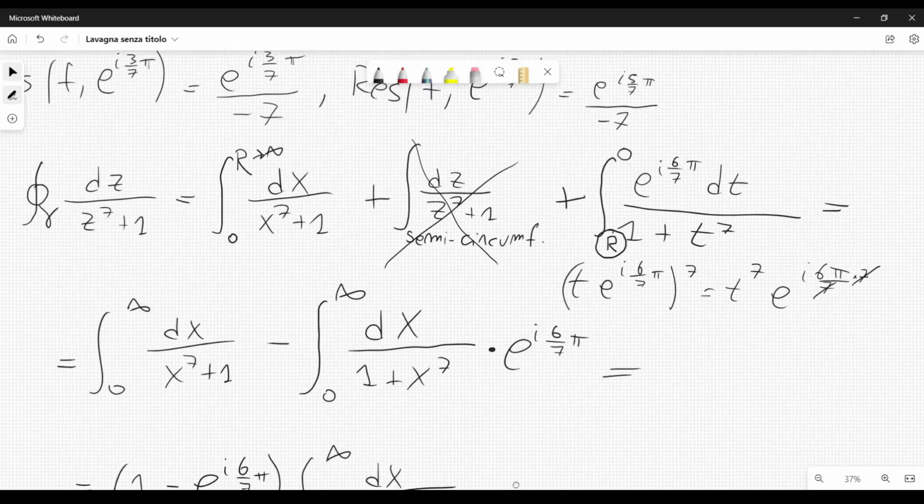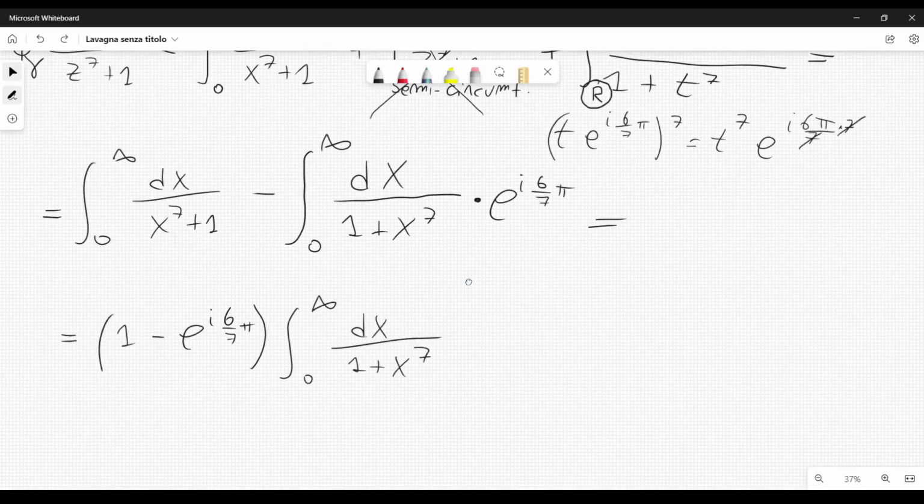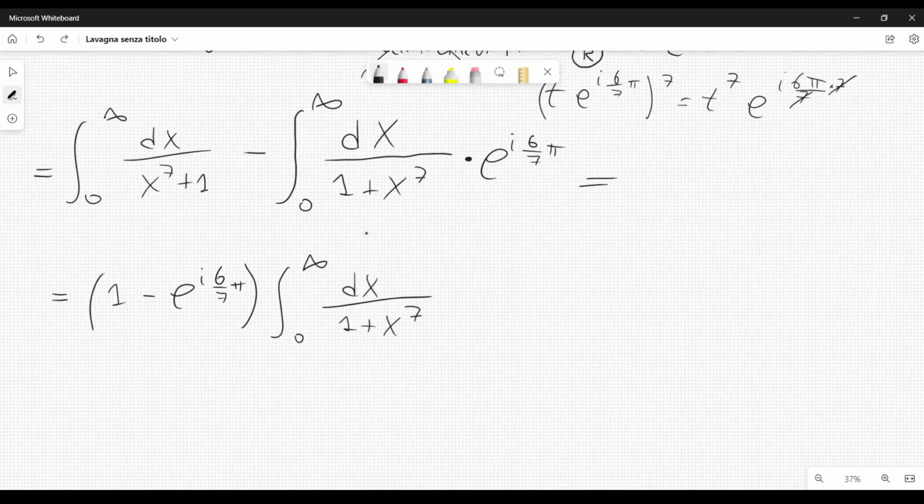Now remember that we started from this integral here, and this integral here is also equal to 2 pi i times the sum of the residues enclosed by the contour. So we have 2 pi i times the three residues that we have calculated.